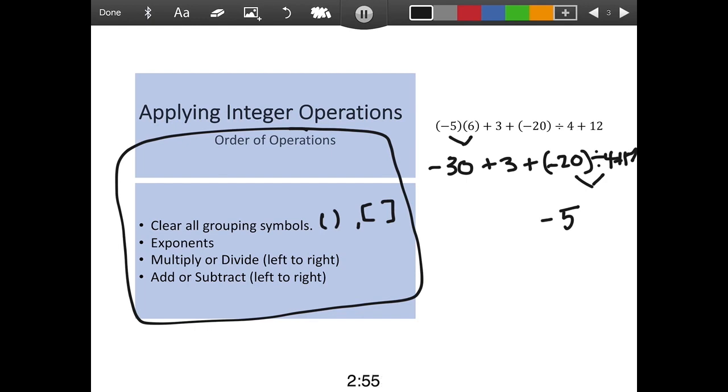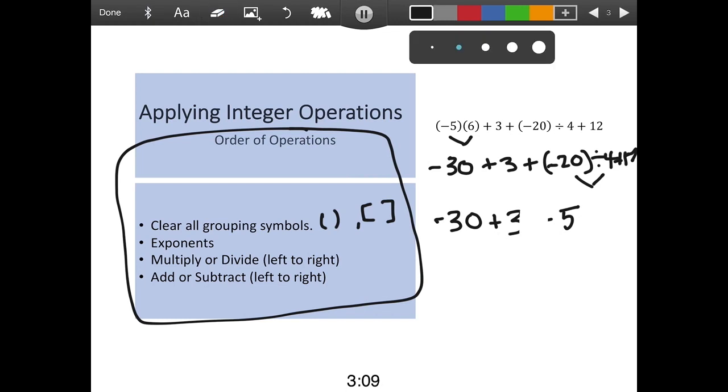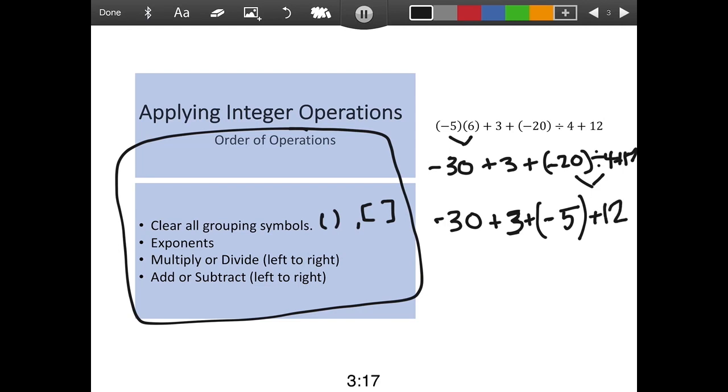Well, it's going to be -5. So I'm going to rewrite the rest of the problem. -30 plus 3 plus, let me fix that. Positive 3 plus -5 plus 12.